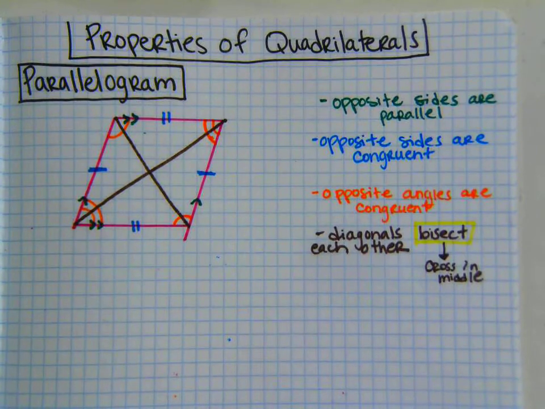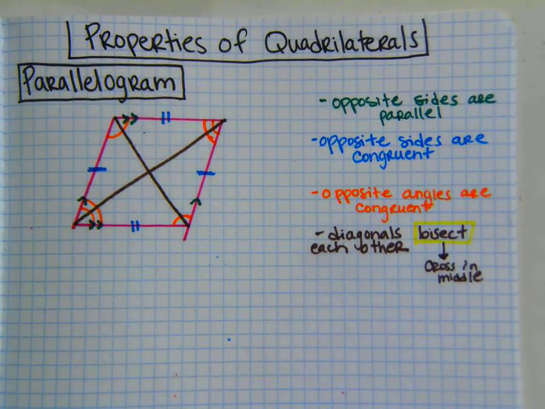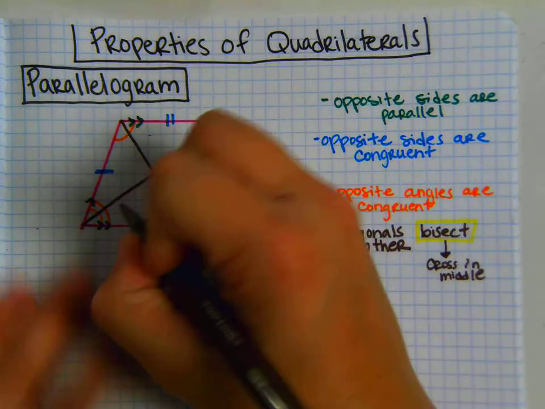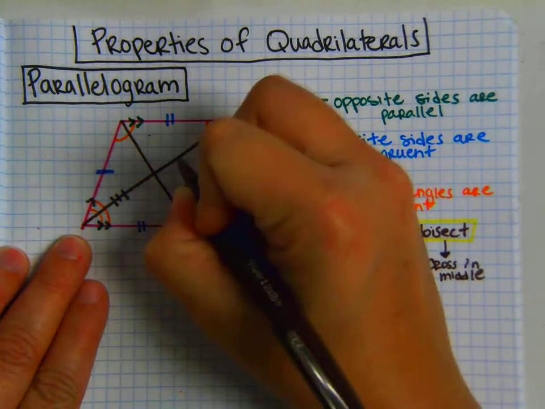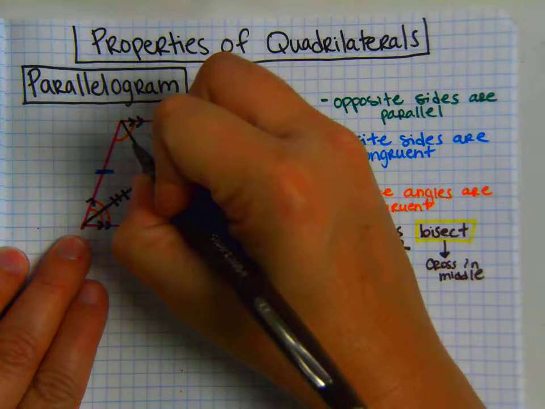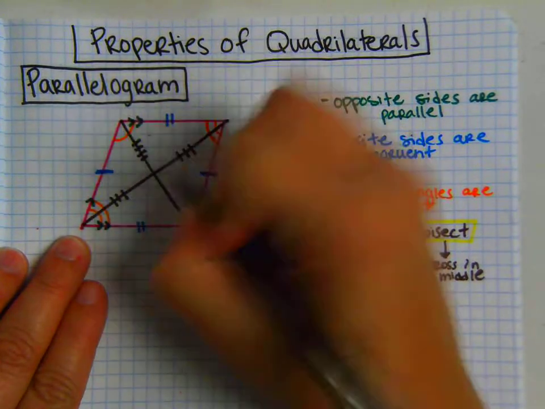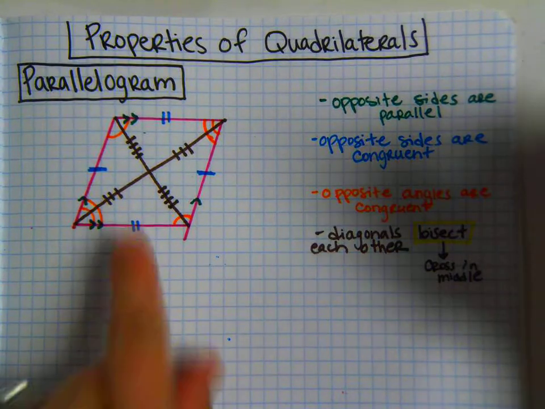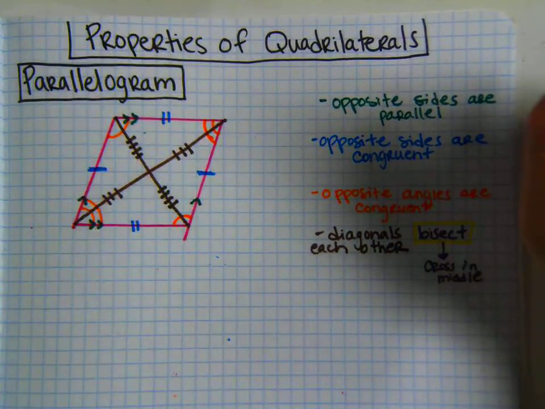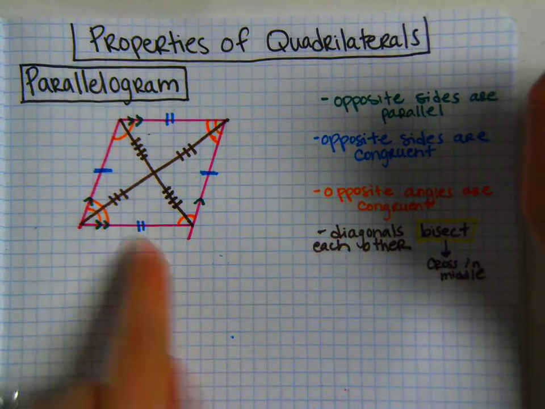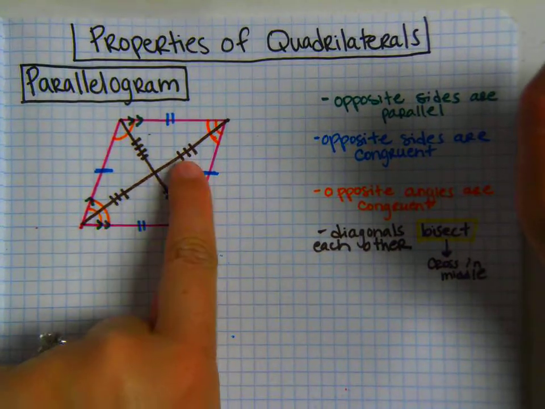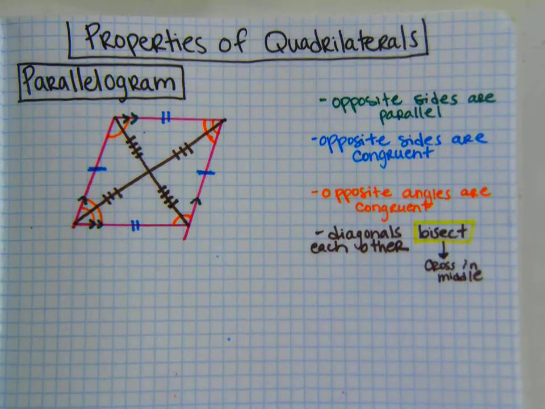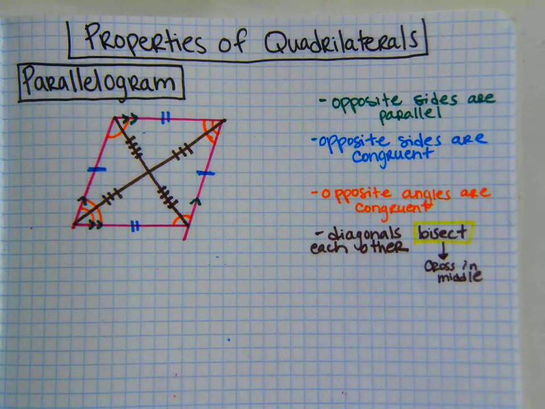When I say that the diagonals bisect each other, that means that this side is the same as this side, and this side is the same as this side. It is important that I have the correct number of tally marks because this is not congruent to this, so I need to make sure that I have 3, 4, and 4. Okay, so the diagonals bisect each other, which means it crosses in the middle.